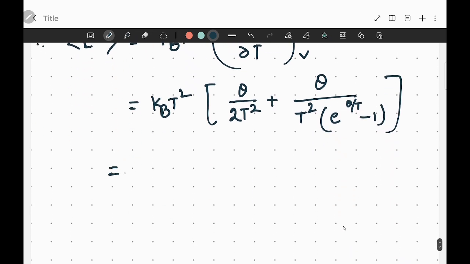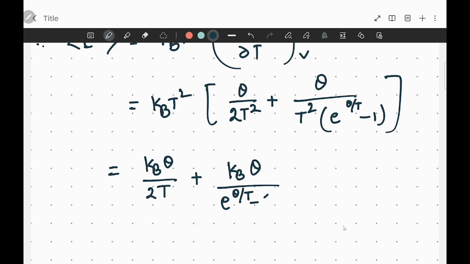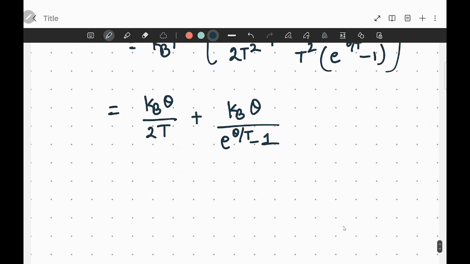So when you multiply it, you will have kb theta by 2 plus kb theta by e to the power theta by t minus 1. So this is our E.